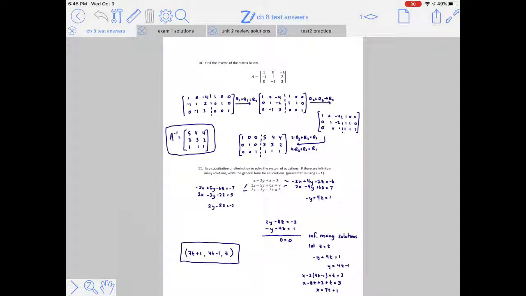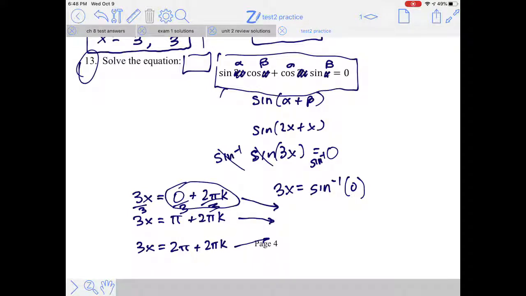Here it is. So x equals 0 over 3, which is just 0, plus 2 pi k over 3. And then x equals pi over 3 plus 2 pi k over 3.